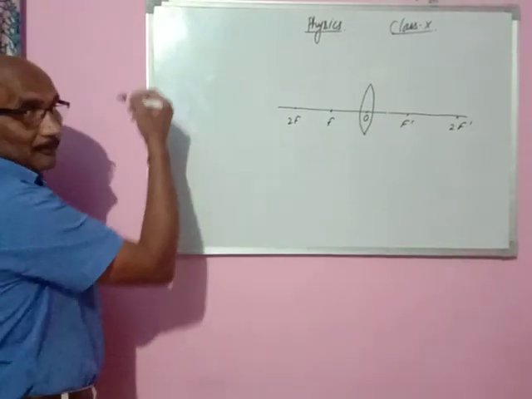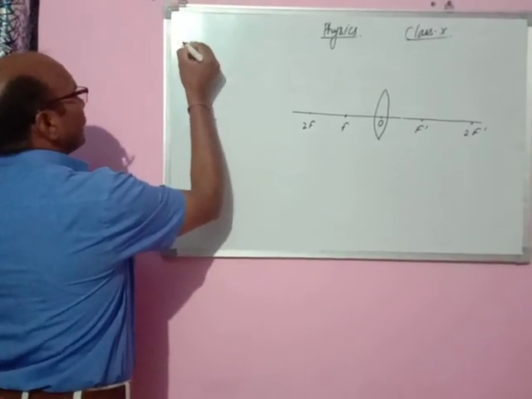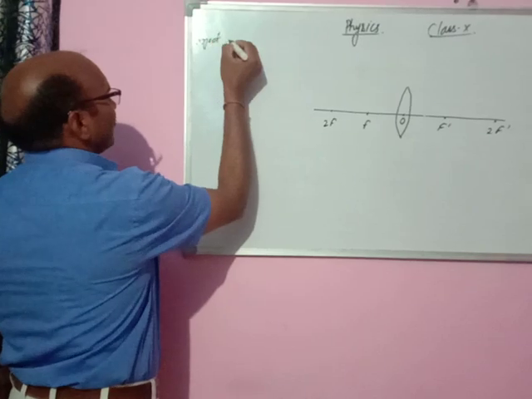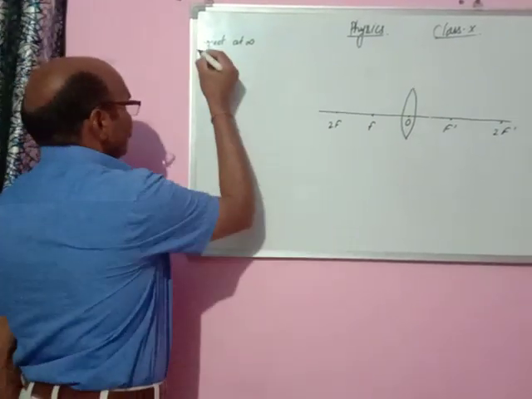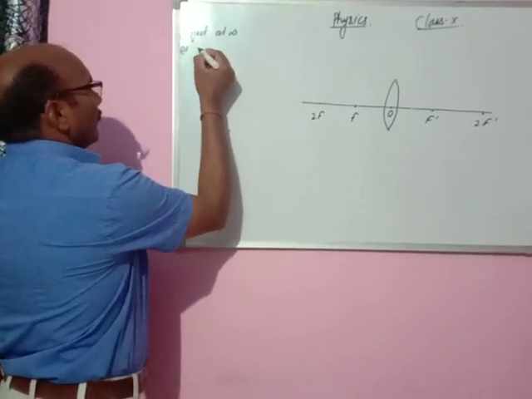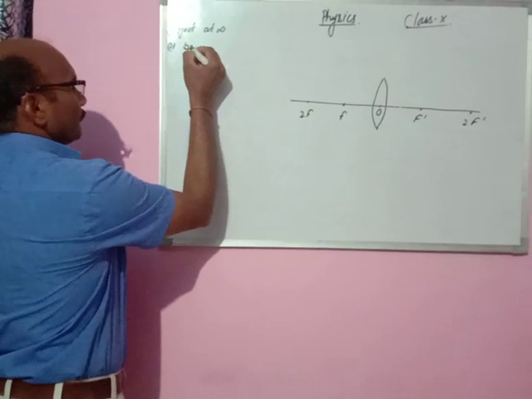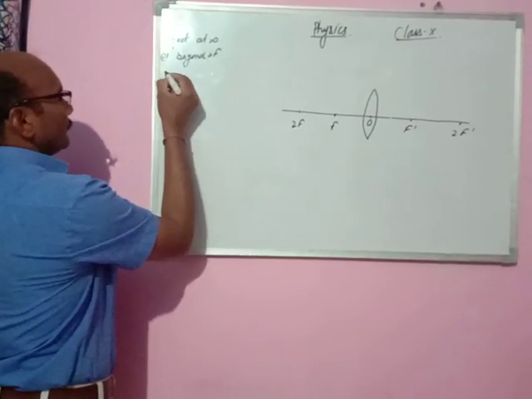Possible conditions: number 1, object is situated at infinity. Number 2, object is beyond 2F.